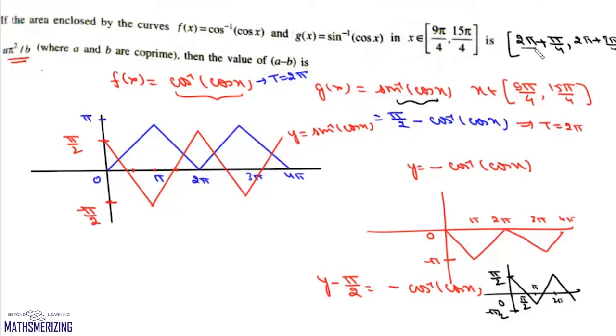Since both functions are periodic with period 2 pi, rather than solving from 9 pi by 4 to 15 pi by 4, we'll find this area from pi by 4 to 7 pi by 4, which is from this point pi by 4, and 7 pi by 4 is 2 pi minus pi by 4, which is this point. So we need to find this area.